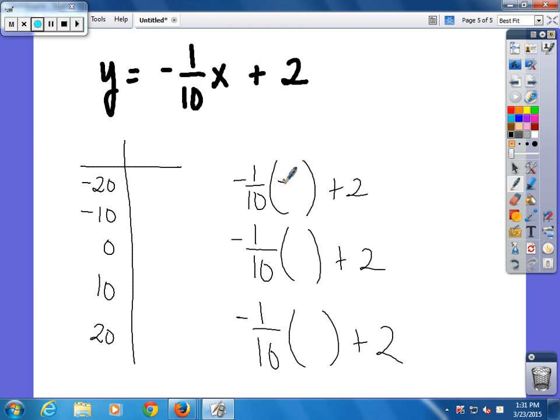So this one is going to be negative 20 over 1, negative 10 over 1, and 0. Negative and negative make a positive. Then 20 divided by 10 is 2, and 2 plus 2 is 4.